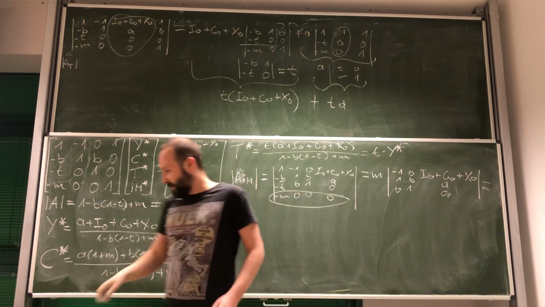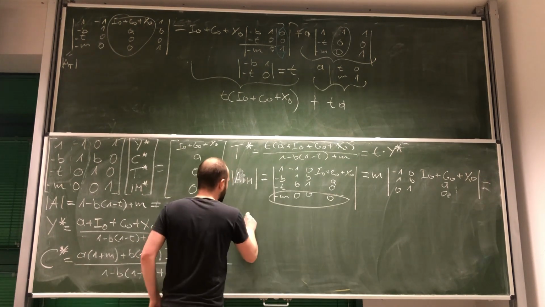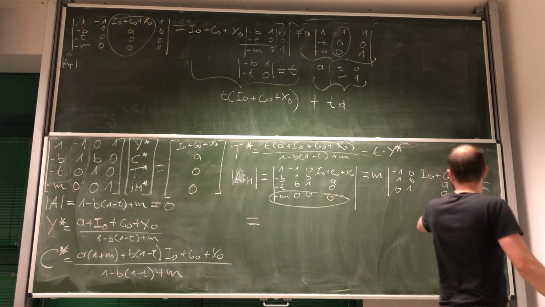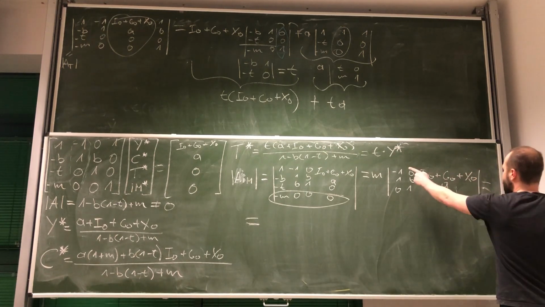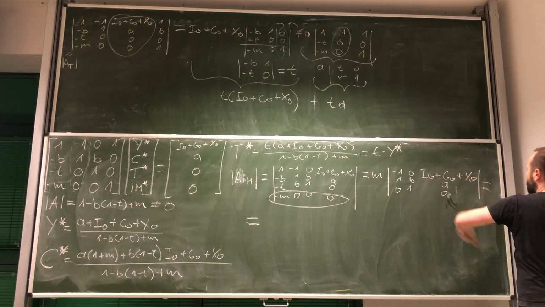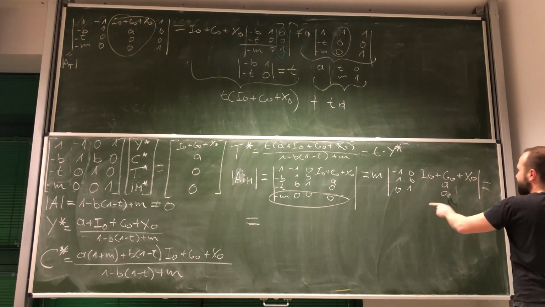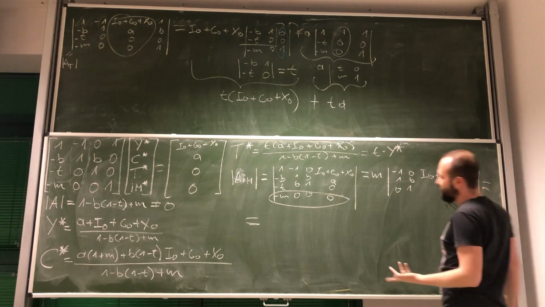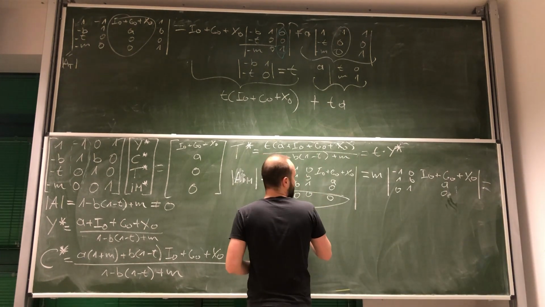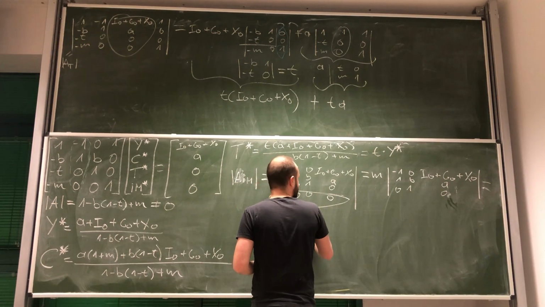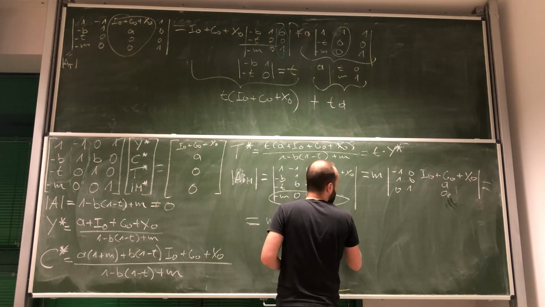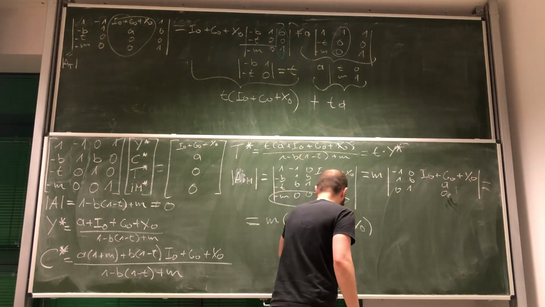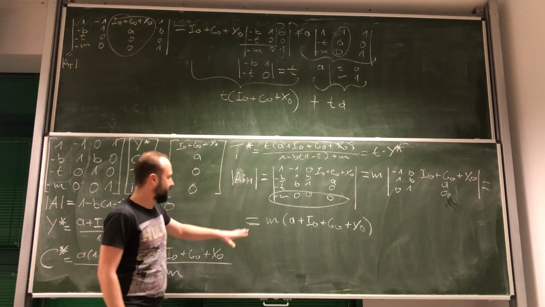Okay, so finally, what we need to do over here is to calculate everything out, which gives us M times A plus I0 plus G0 plus X0. Exactly.